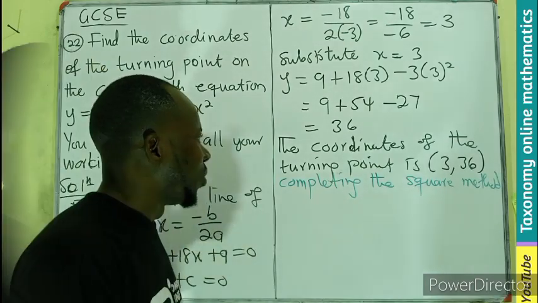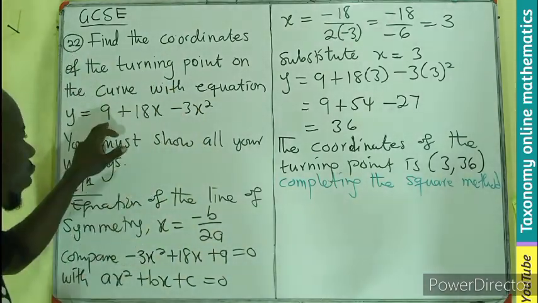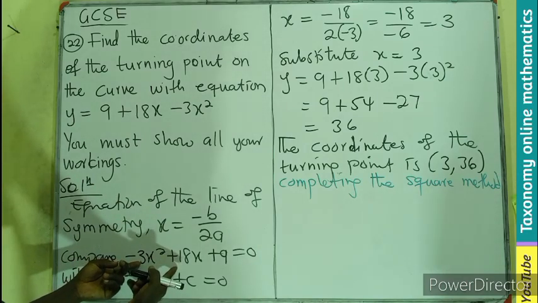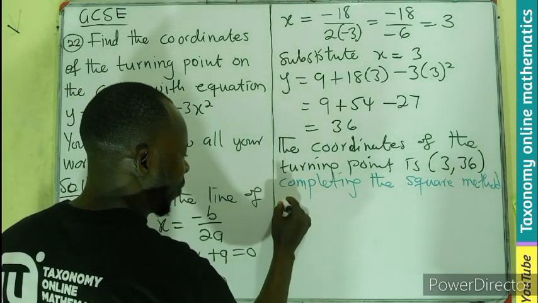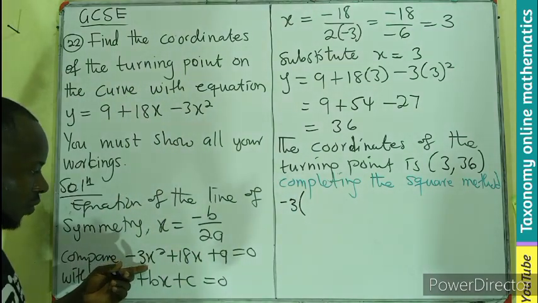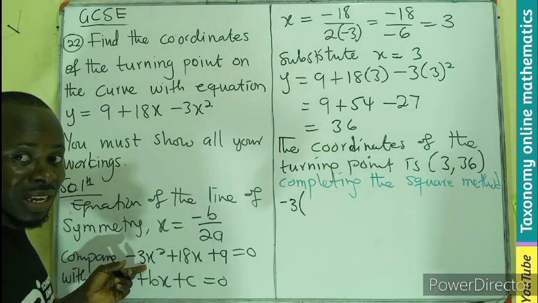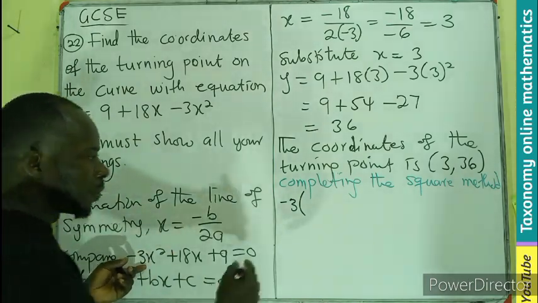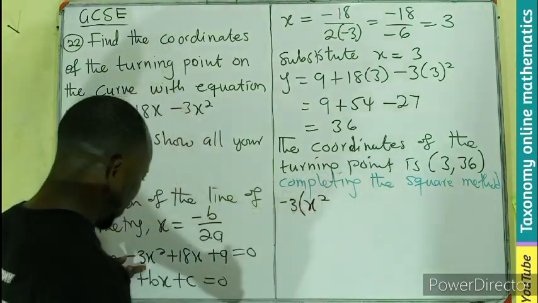If you want to use the completing the square method, let's pick it from here. We have minus 3 as the coefficient. We always try to make the coefficient of x squared to be unity. So let's put the minus 3 out to have our x squared.